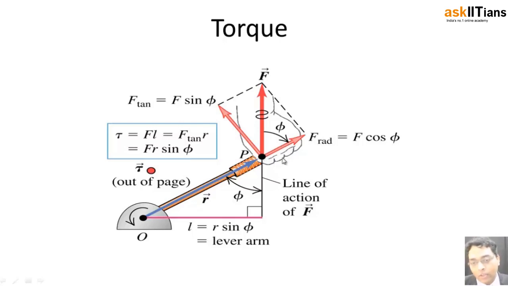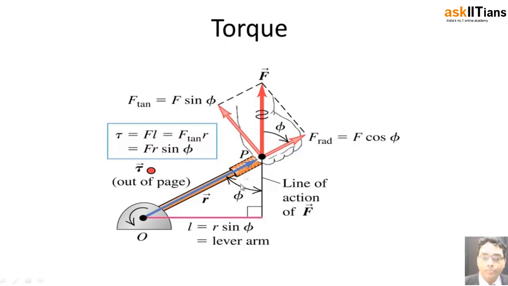So if I try to find the components, one is going to be a radial component, one is going to be a perpendicular component. This is the radial and this is the tangential component that you have. The tangential component is going to be F sine phi, the radial component is going to be F cos phi. This is the line of action. So R acts here and the angle between R and F is equal to phi.